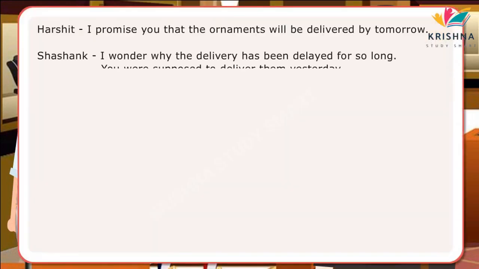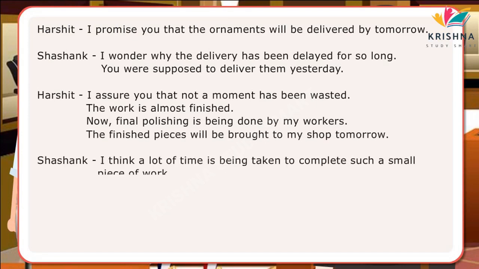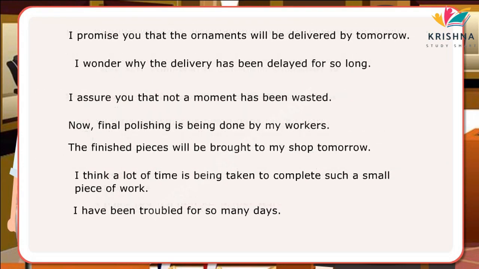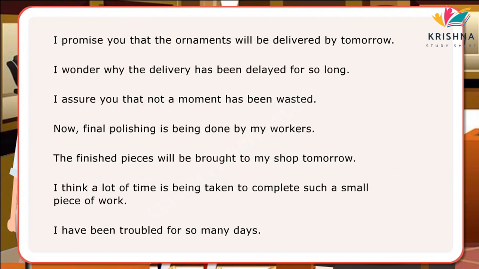In the dialogues, Harshit and Shashank have used be, been, and being to speak in passive voice. Here are examples of sentences with be, being, and been in passive. I promise you that the ornaments will be delivered by tomorrow. I wondered why the delivery has been delayed for so long.